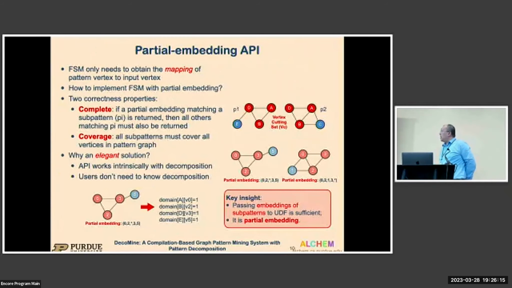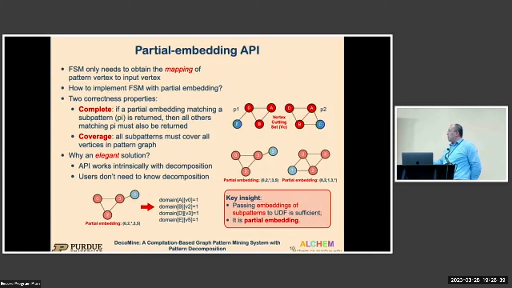Our idea to solve this problem is to have a partial-embedding API. The idea is that the system does not need to return the embedding for the whole pattern. Instead, the system can return to the user an embedding that matches a subpattern.